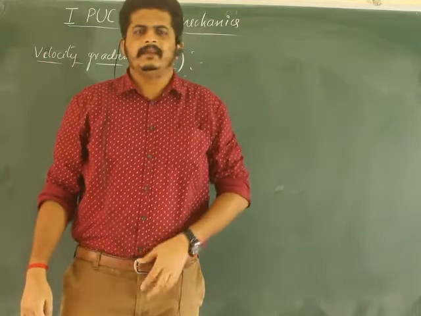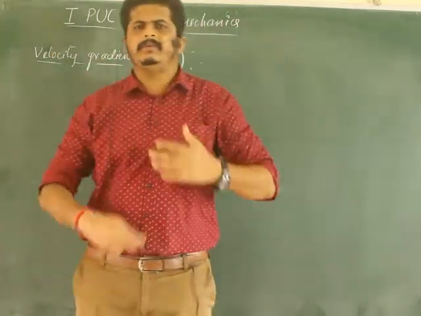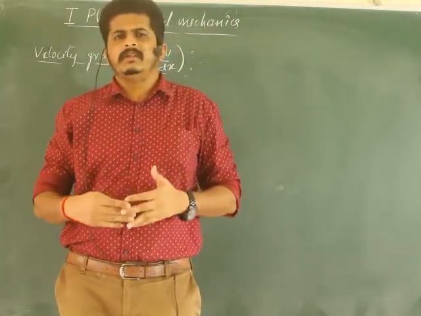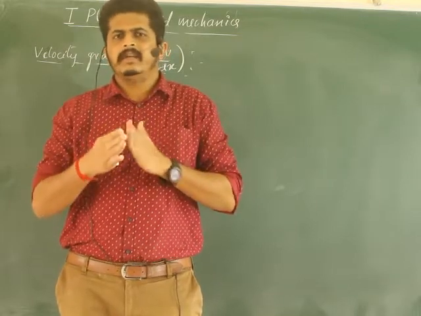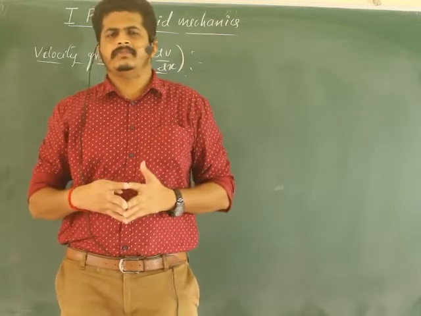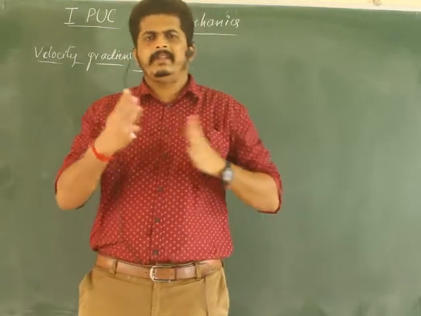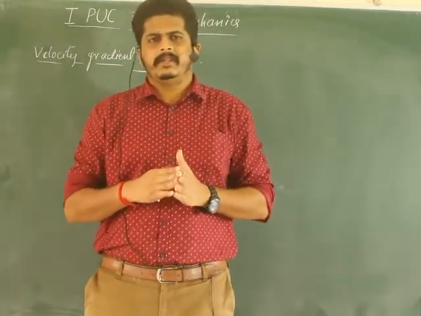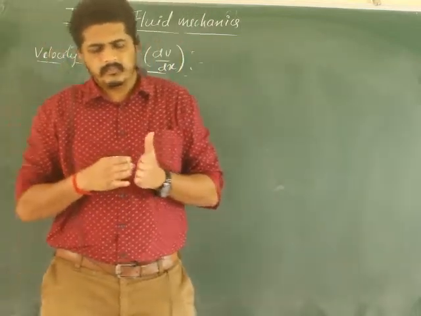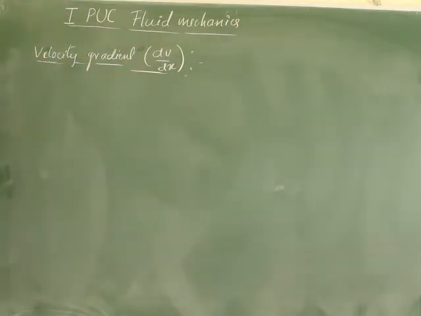See, of course we know liquids have their own tendency. The property by virtue of which there is a resistive force between the layers of the liquid is called viscous force. This viscous force is exerted between the layers, that means a tangential force, as mentioned in the definitions.